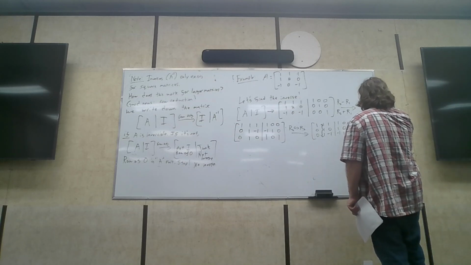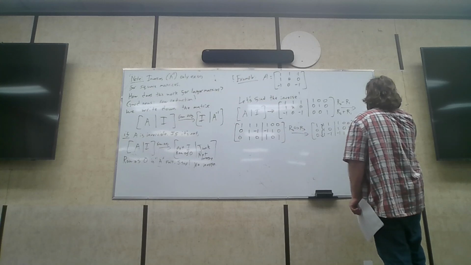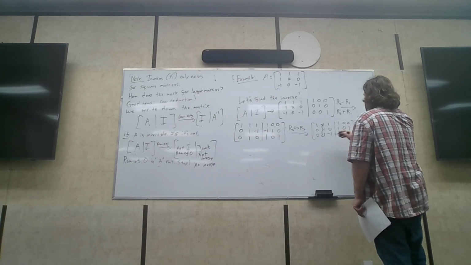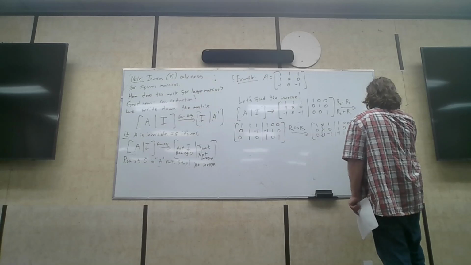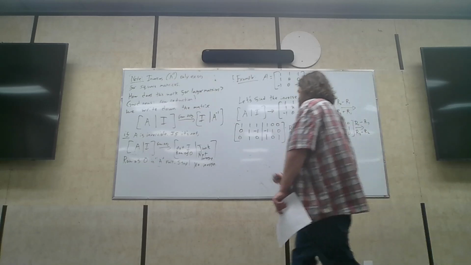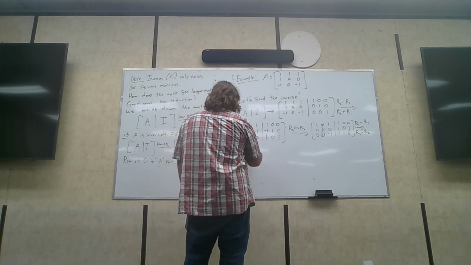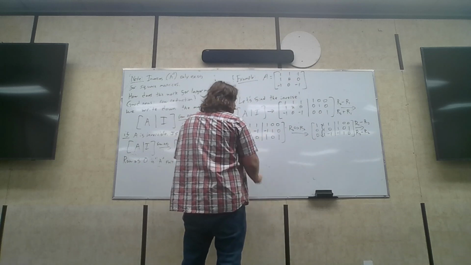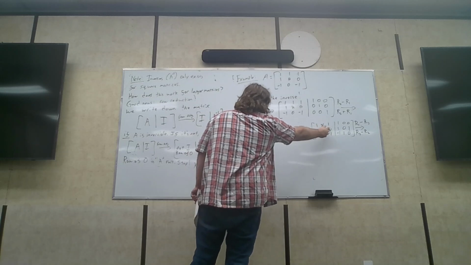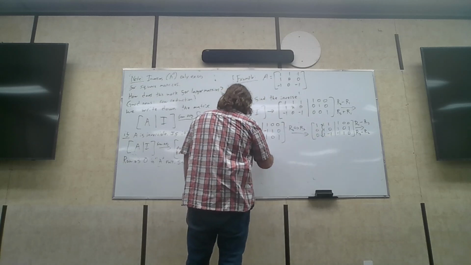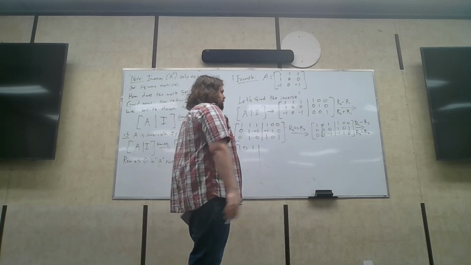So we're going to do row 1 will become row 1 minus row 2, and row 3 will become row 3 minus row 2. What's going to happen? This is a 0. 0 minus 1, that becomes 0. 0 minus 1, it stays as 1. But now this is a little different.